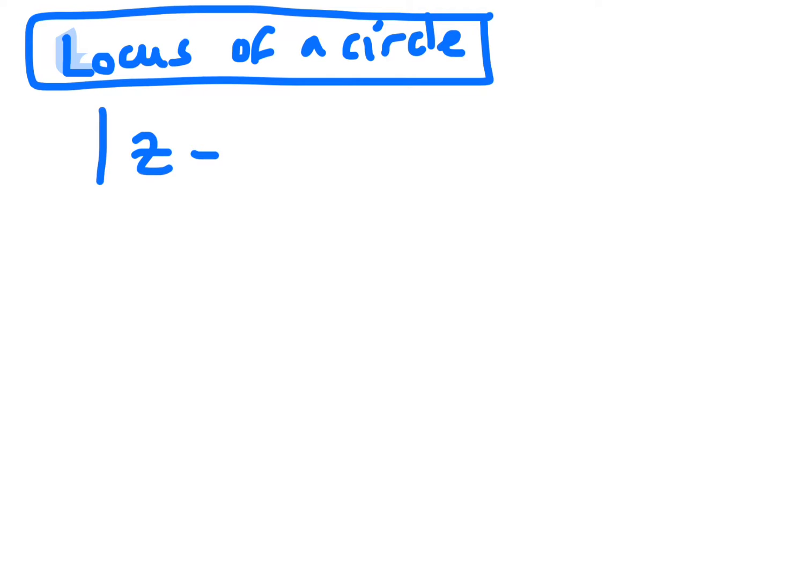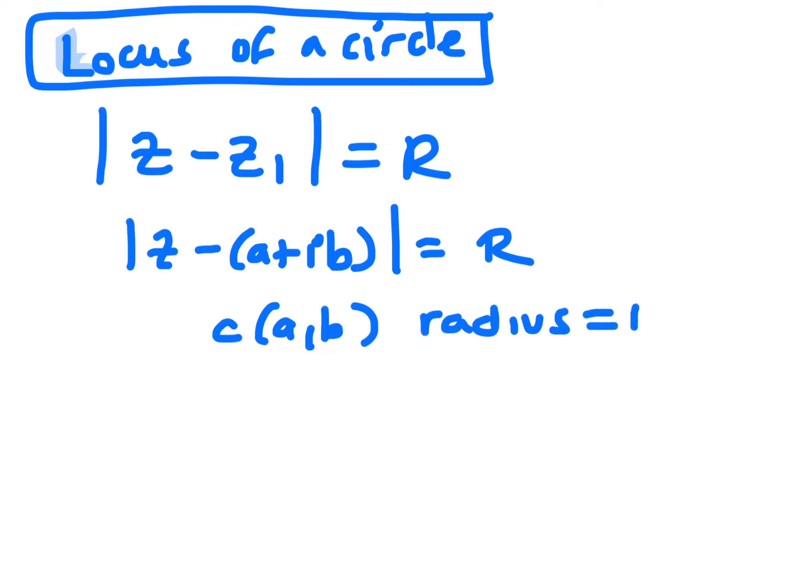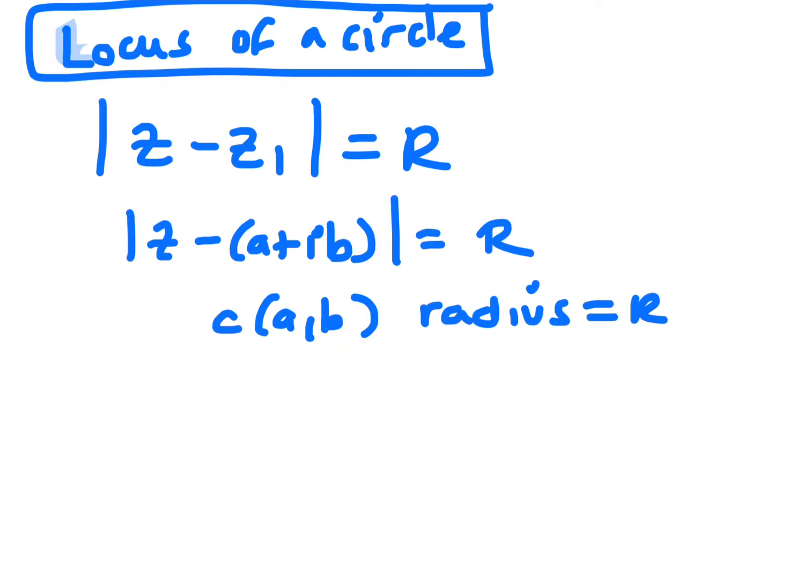If you wanted the locus of a circle, the basic equation is the modulus of z minus z1 equals r. So if you had z minus (a plus ib), equal to some number r, then the centre would be (a, b) and the radius would be r.